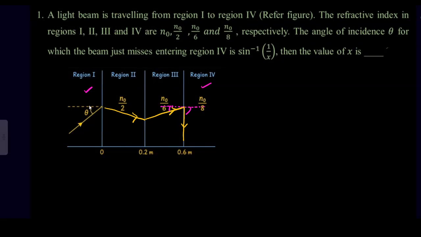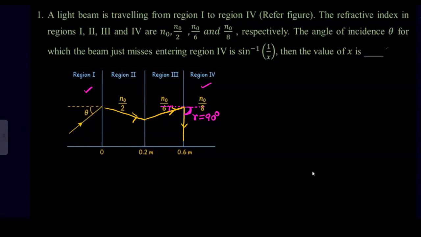This is the angle of incidence theta. This is the angle of refraction. How much is the angle of refraction in this case? Yes, this r will be equal to 90 degrees. That's it. Understood this point?